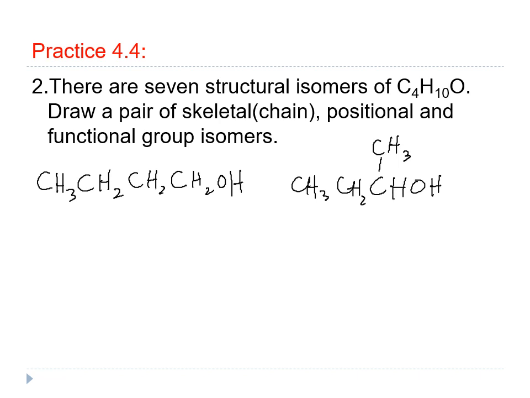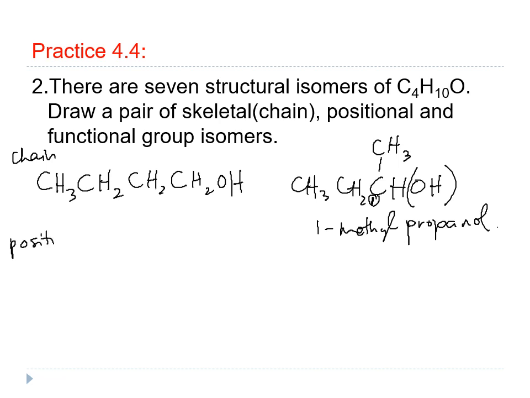So this is the 1-methylpropanol. Okay, so carbon number 1 is here, the one that is attached to the hydroxyl group, the parent. Okay, this is a chain, and now we are going to make a positional.